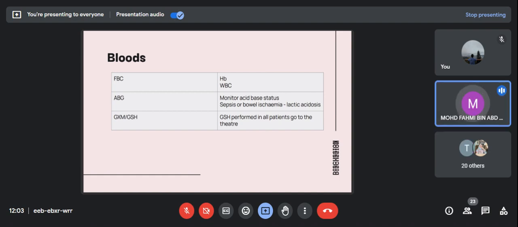If you have perfusion, what does the red blood cell carry? Oxygen. So when you have oxygen, it is aerobic.